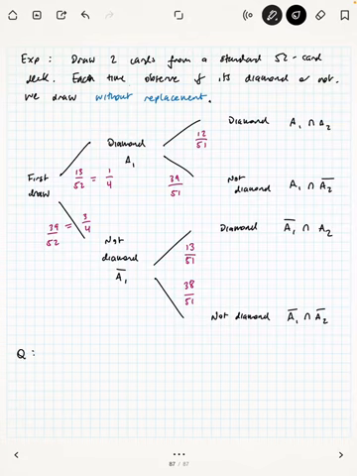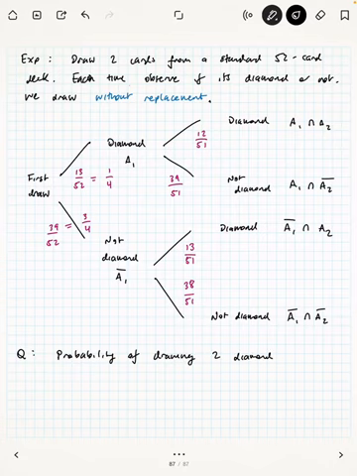So our difference here is, what's the probability of drawing 2 diamond cards? Well, same principle applies. It's the general form of the multiplication rule.